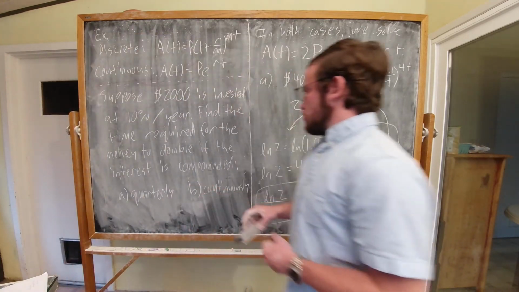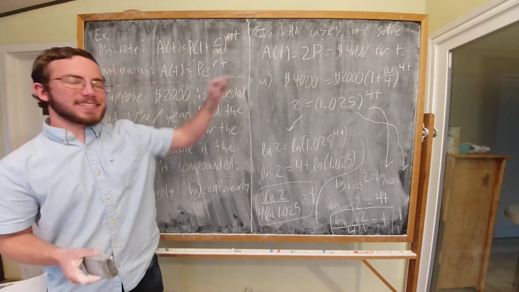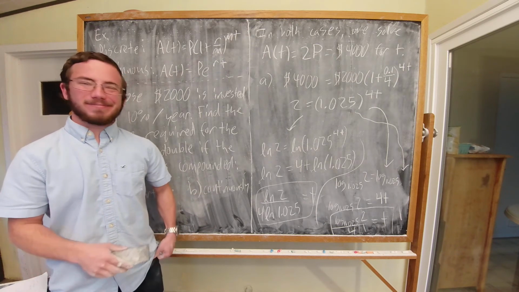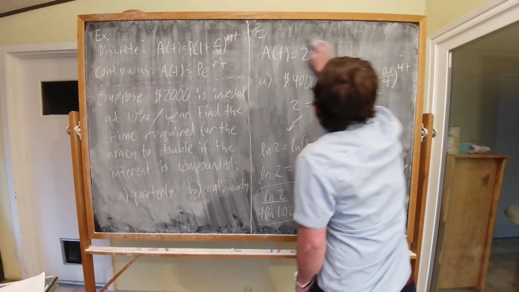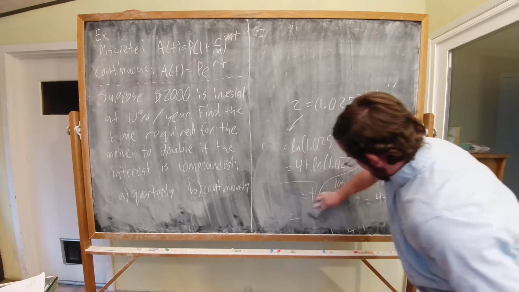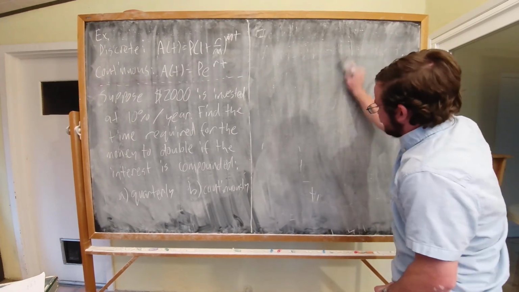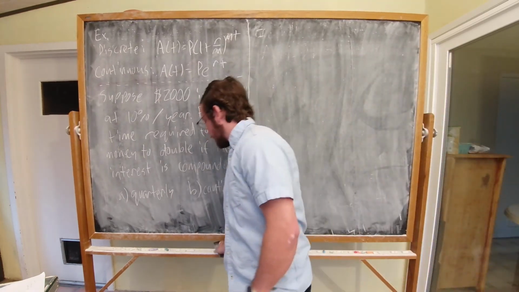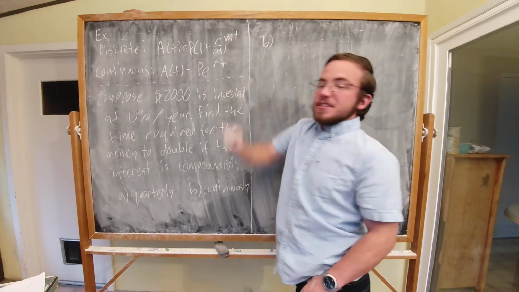Let's do part B. Right, if we want to compound continuously. So I'll let you guys erase this, or copy it down real fast before I erase. All right. For B, we get to work with the simple formula.